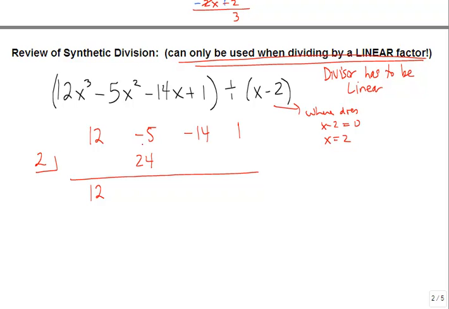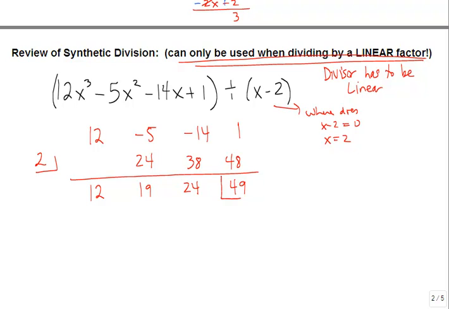Then you're going to add down to get the new number below the line. So negative 5 plus 24 is 19. Then we're going to multiply again. So 2 times 19 is 38, and 38 minus 14 is 24. Multiply again. 24 times 2 is 48, and 1 plus 48 is 49.